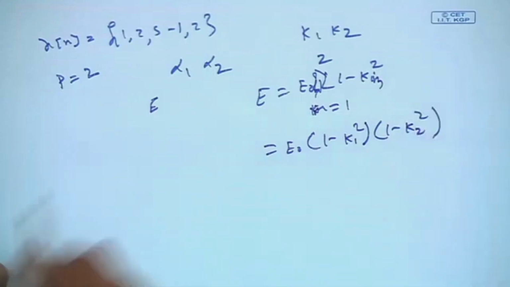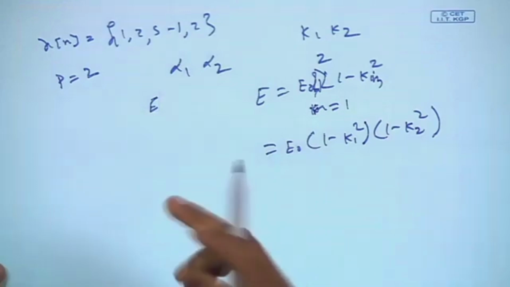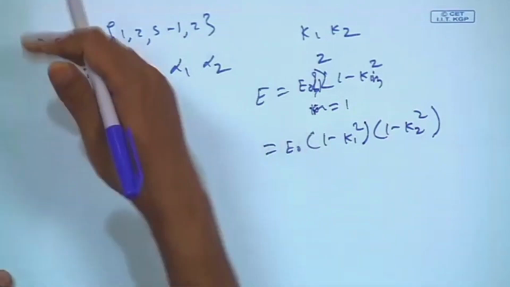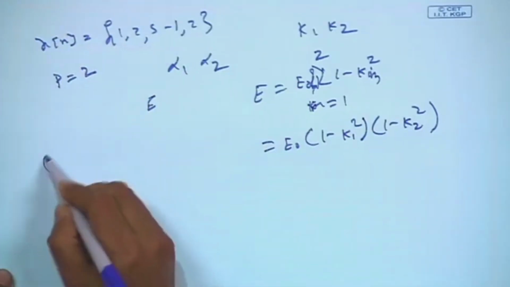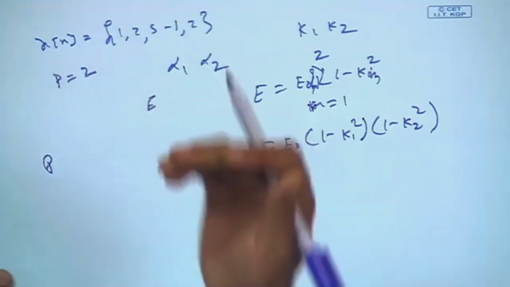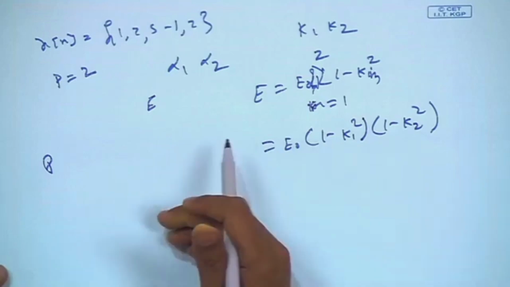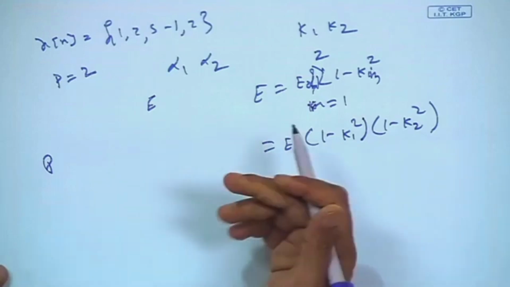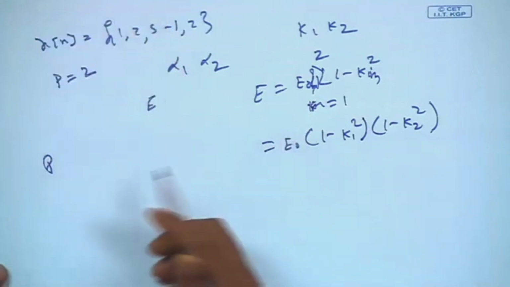I can find alpha 1, alpha 2 using these equations by hand without programming. If the p value is very small, I can find alpha 2 without programming. Those kinds of questions can be expected in the examination paper, or I can write a program and run it on a real speech signal and find the alpha values and E value for the autocorrelation function using the autocorrelation coefficients. Okay, so those are the autocorrelation solutions.